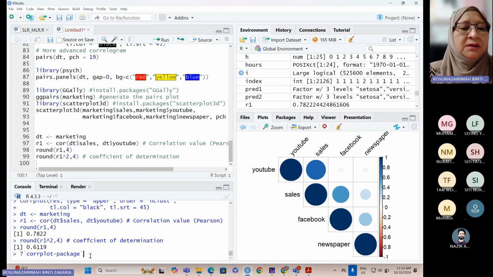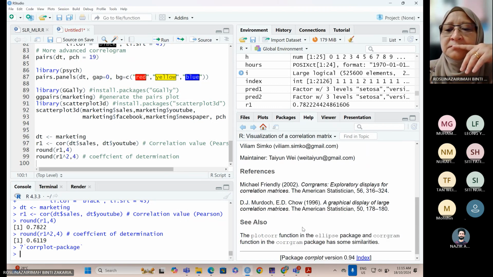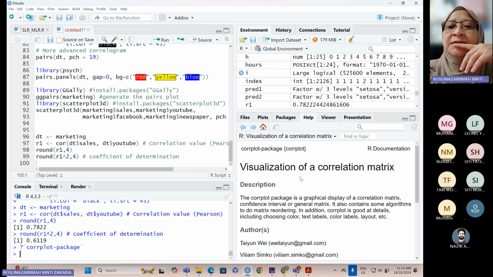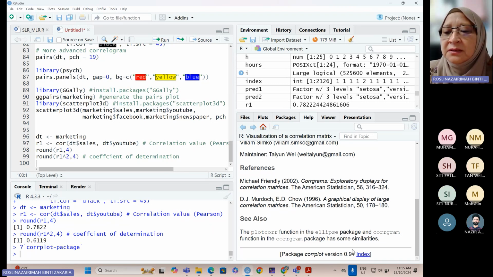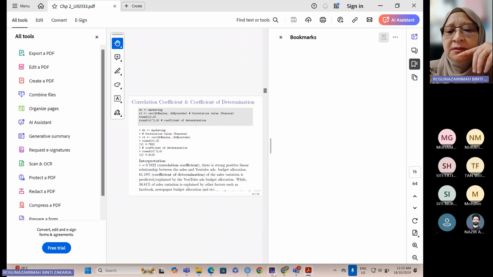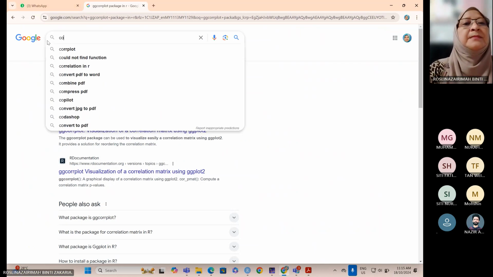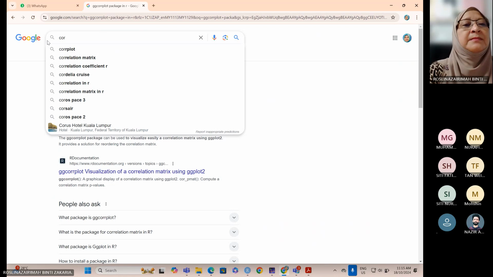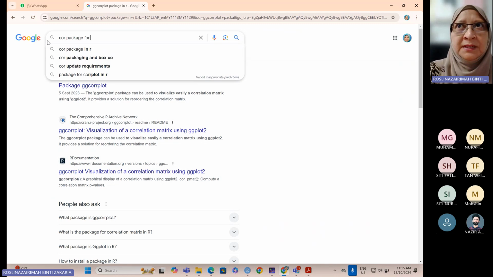I wonder kenapa tak keluar ni? Dia guna apa tadi?